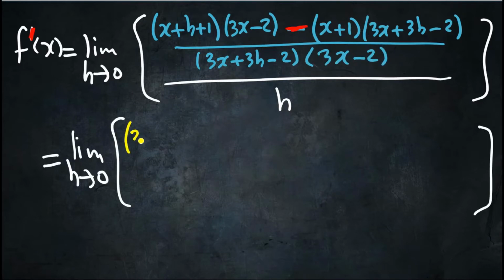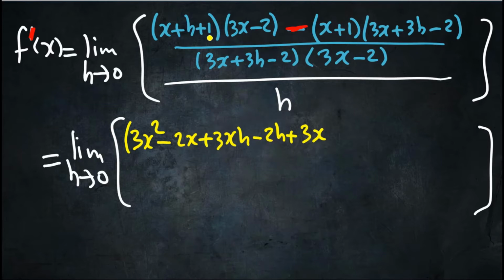x times 3x is 3x squared, x times minus 2 is minus 2x, h times 3x is 3xh, h times minus 2 is minus 2h, 1 times 3x is 3x, 1 times minus 2 is minus 2.